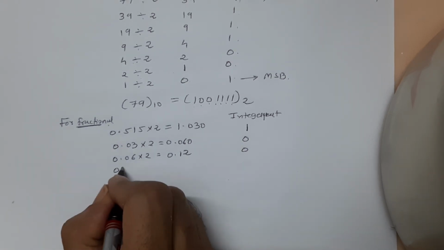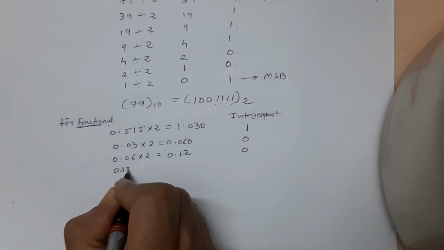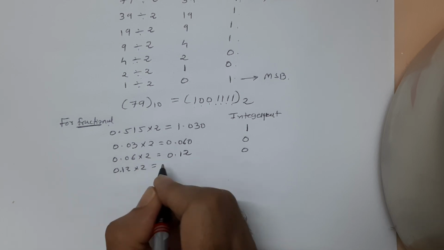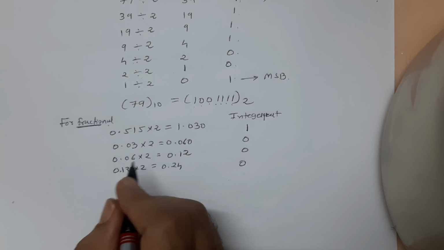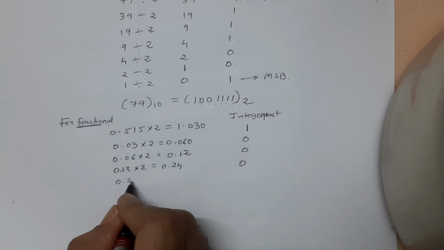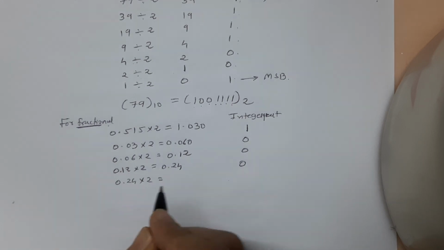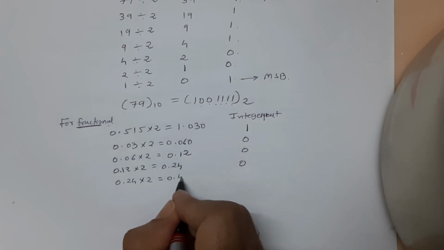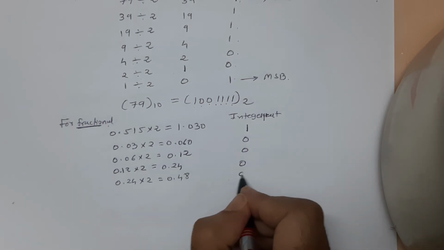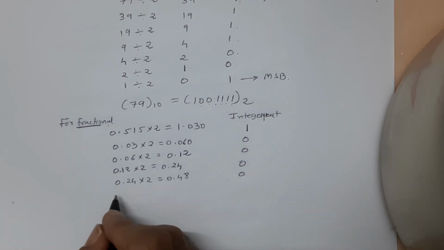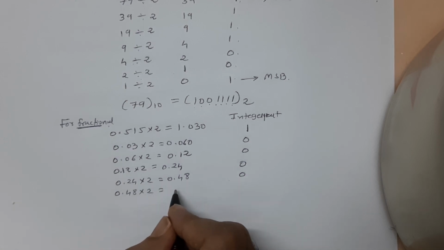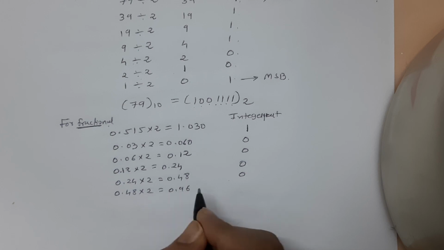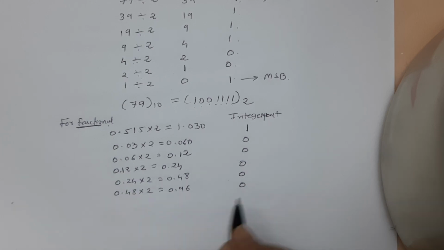This 0.12 into 2, 0.24, 0. This 0.24 into 2 is equal to 0.48, integer part 0. This 0.48 into 2 is equal to 0.96, then 0.